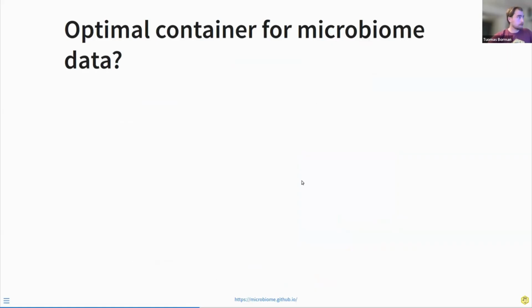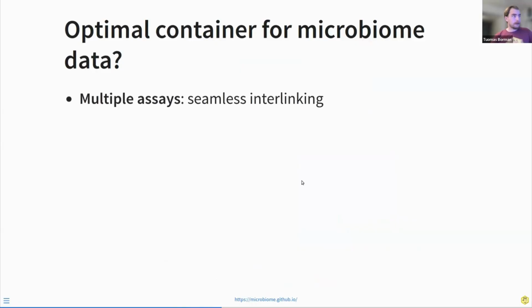So let's list those. Multiple assays. This means that we have this, because usually we have to apply transformations to this microbiome data. So as I mentioned, it makes sense to put it in the same data container.